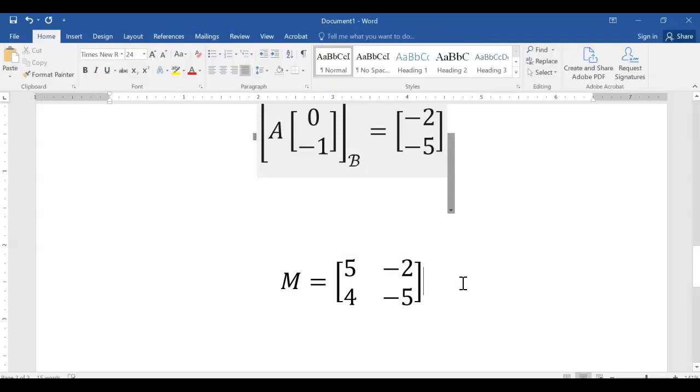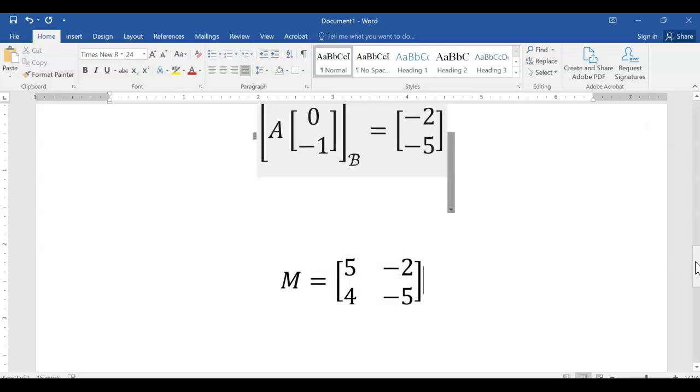And that would be the matrix for the transformation with respect to basis B, or the B transformation matrix for T.